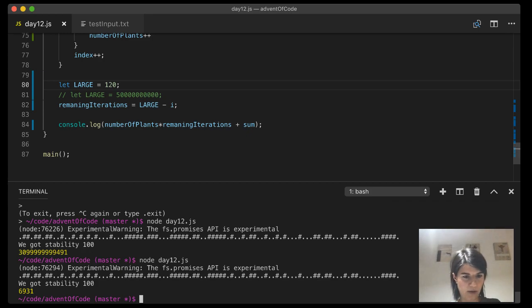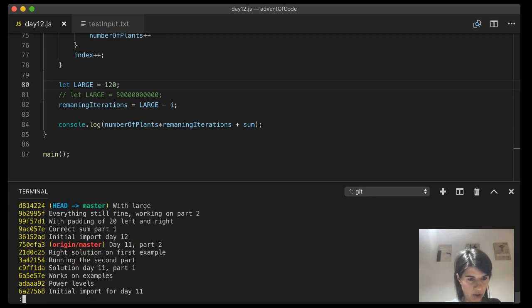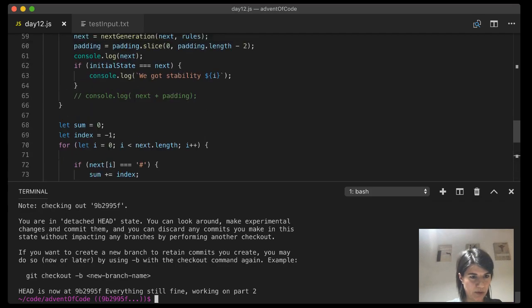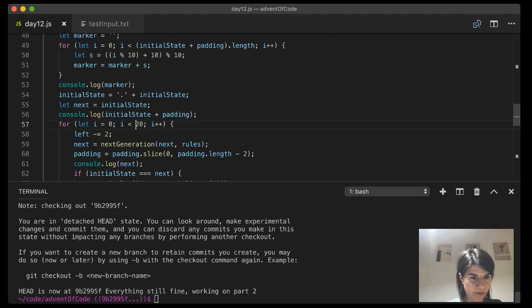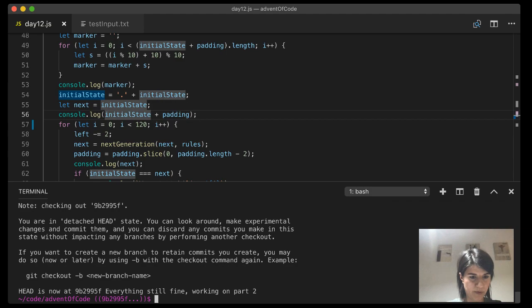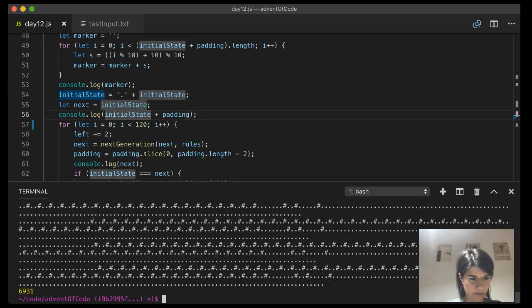So let's go back to the old formula with large. So git checkout this one here, and I wanted to log the sum for 120. Is it really doing 120? I'm so confused now. 6,931. Okay, that looks good.